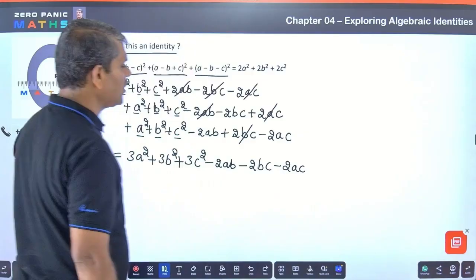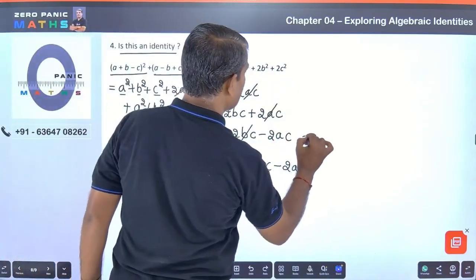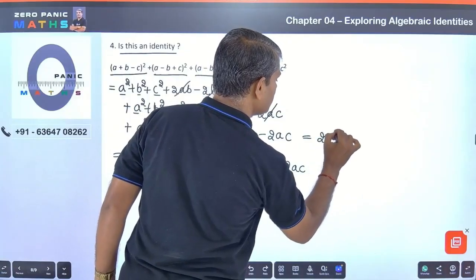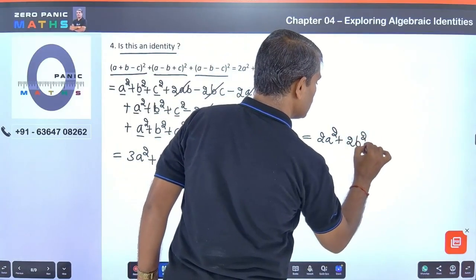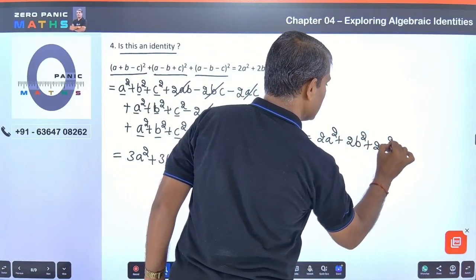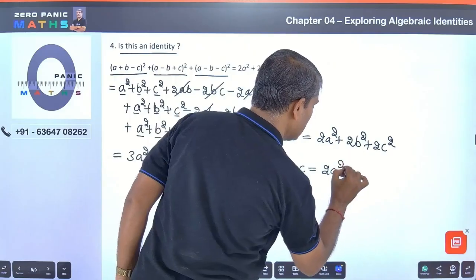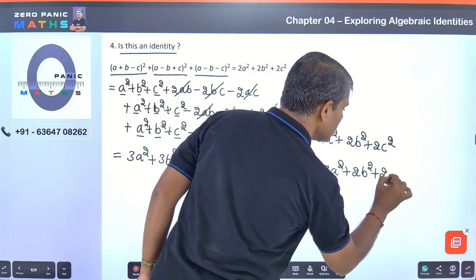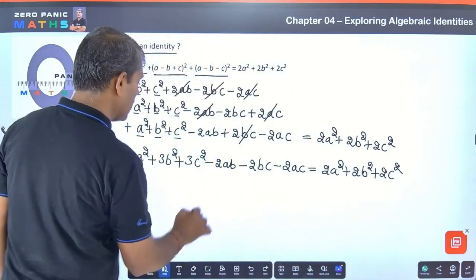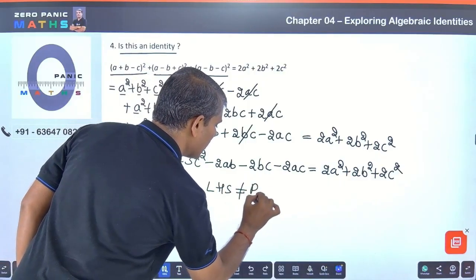So this is the left hand side. And what is the right hand side here? The right hand side is 2a square plus 2b square plus 2c square. So this is the right hand side that we were expecting, but we did not get that. What is the meaning of this? This is not an identity because LHS is not equal to RHS.